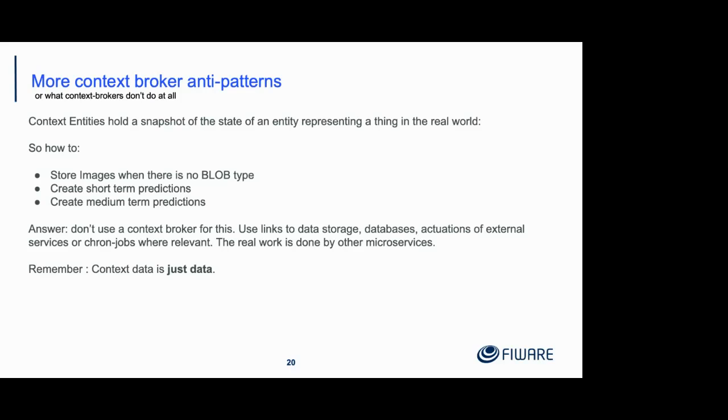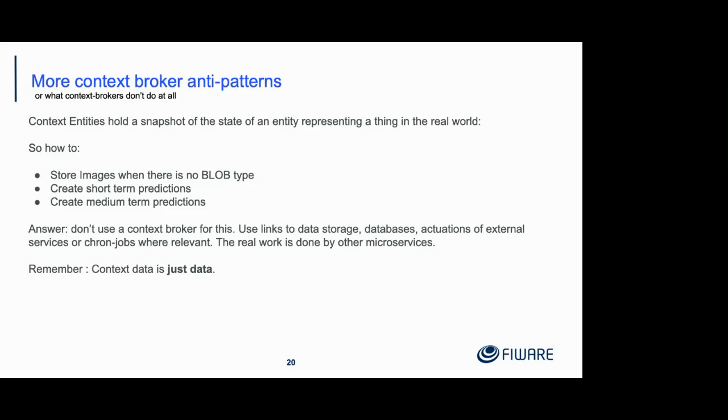You need to get an interpreter on that to extract the number plate. The number plate passing through is my context data. Now, it might be relevant to store the image because I'm running speed cameras or something like that. In which case, the way to do that is to have a storage system which stores the raw data, and the location of that stored data is the attribute.